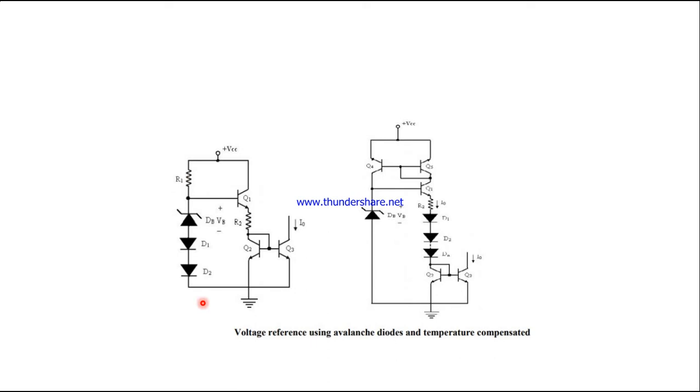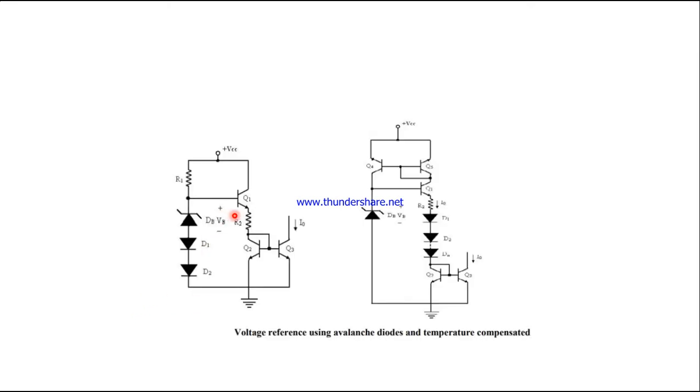In this diagram, the first one shows the avalanche diode and the second one shows the temperature compensation. The base bias of the transistor Q1 is provided through R1, and it also provides the DC current needed for DB, D1 and D2. The voltage at the base of Q1 is equal to the Zener voltage VB added with two diode drops due to D1 and D2, and the voltage across R2 is equal to the voltage at the base of Q1 less the sum of the base emitter voltages of Q1 and Q2.